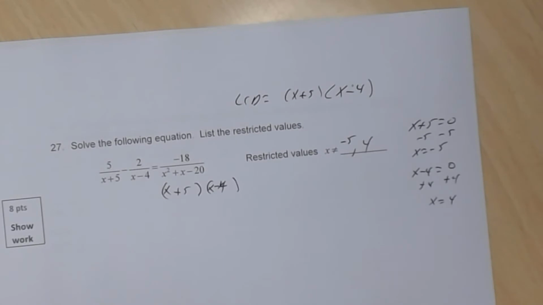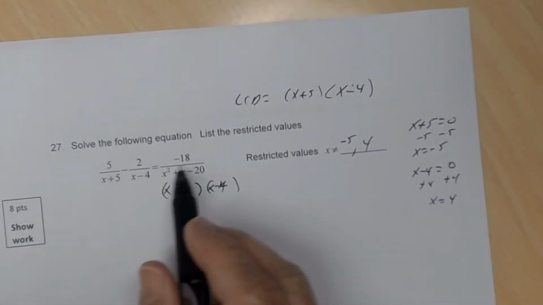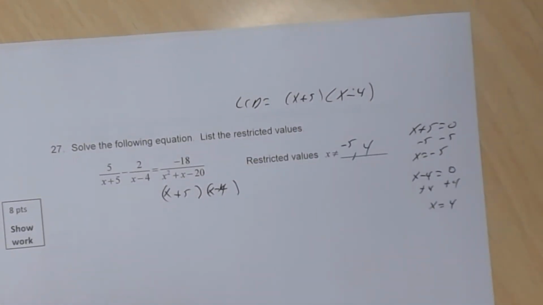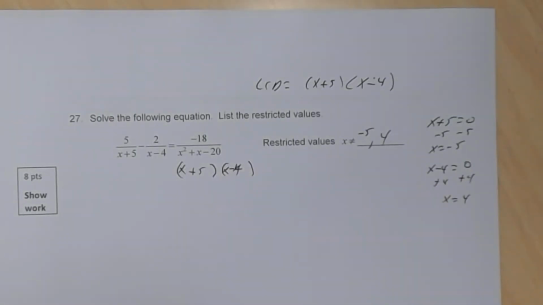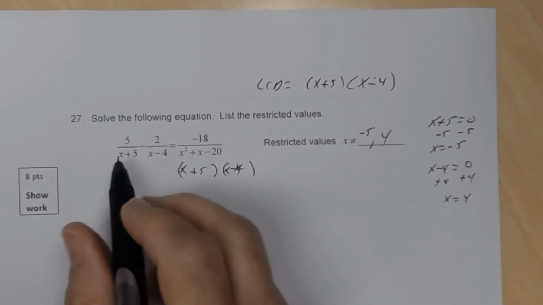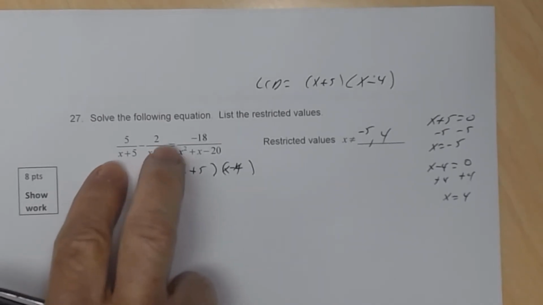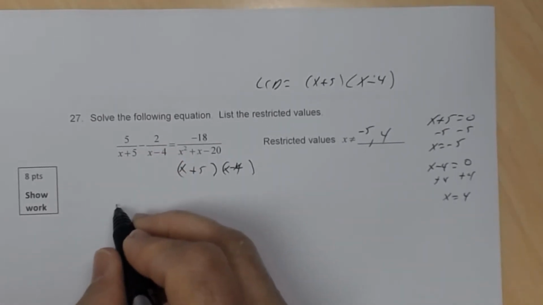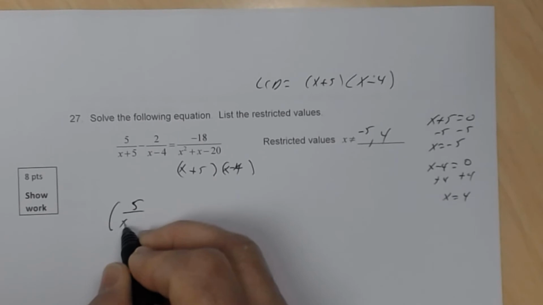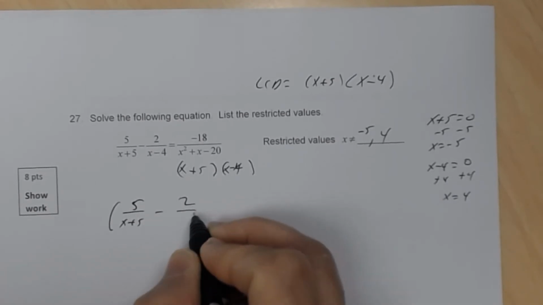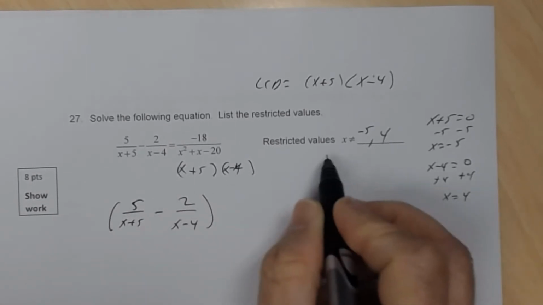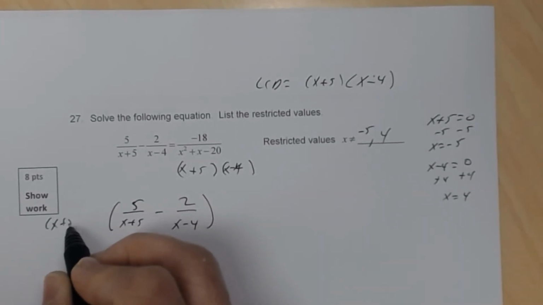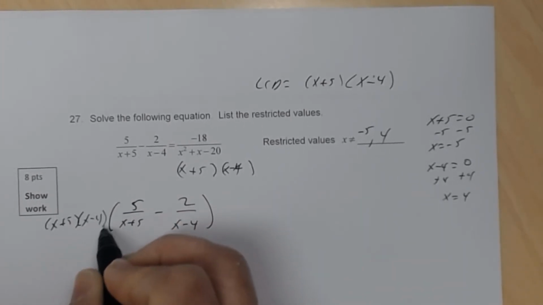All right, now let's do the work. We're going to multiply both sides by the LCD just like we did in number 26. Since I have two fractions on the right side, I'm going to put that in parentheses: 5 divided by x plus 5 minus 2 divided by x minus 4. That side has to be multiplied by the LCD, which is x plus 5 times x minus 4.